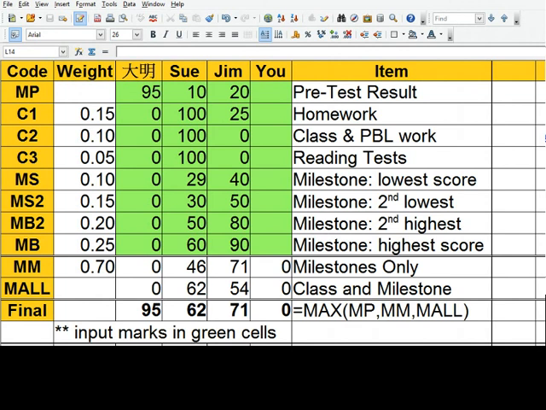Of these 3 marks, the final is the maximum, which gives us the maximum mark.